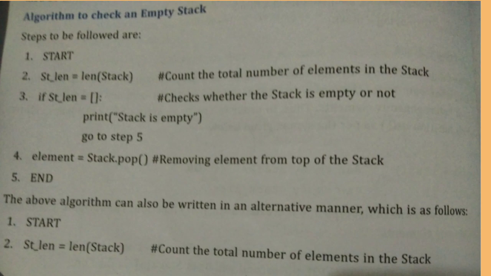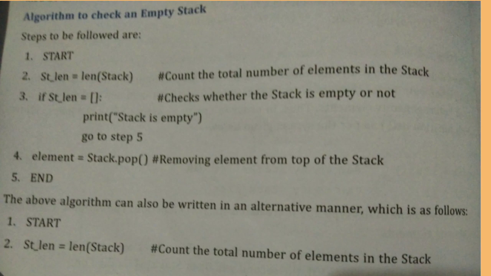Then the fourth step: if elements are present in that particular stack, deletion is possible. In such a situation, it will move to the fourth step, element equal to stack dot pop. What is its meaning? It means removing the element from the top of the stack.